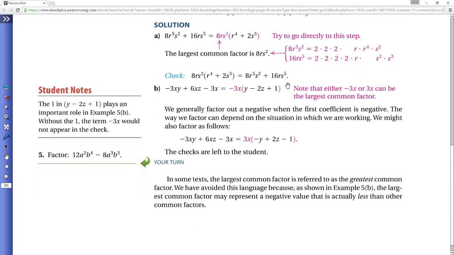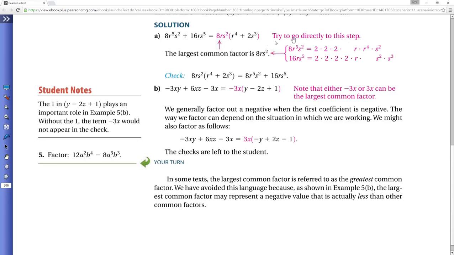But if I use prime factorization, really no process is different other than I just have more variables, right? So we get 8rs squared is my common factor. So I'm going to have 8rs squared times something. Well, if I take this out, right, the common parts here, which are here, and I prime factor that.